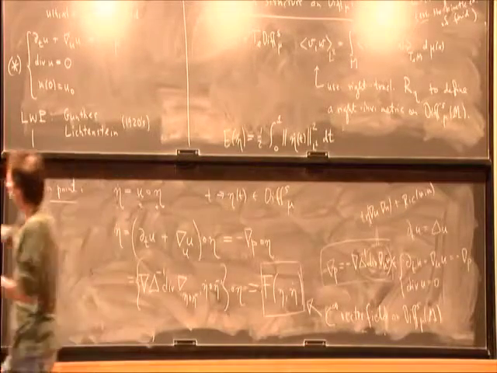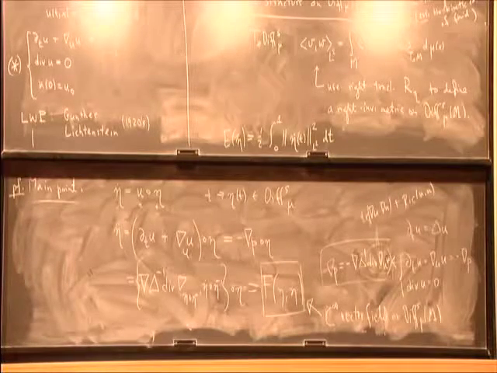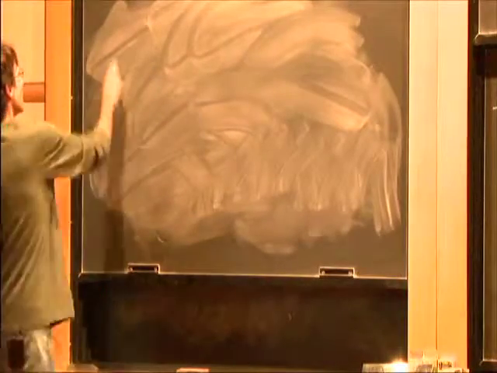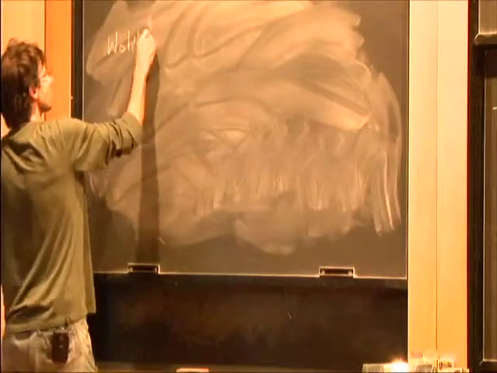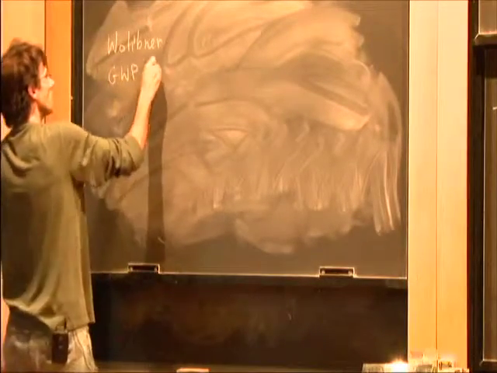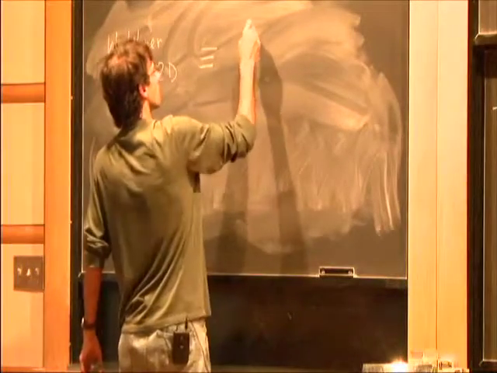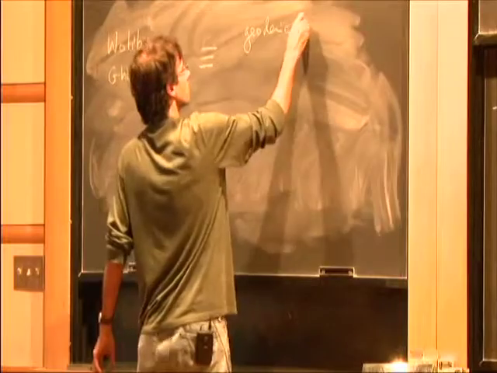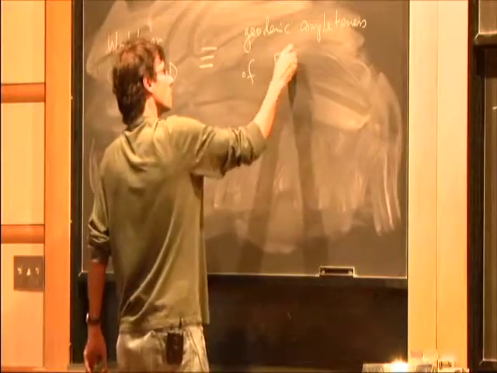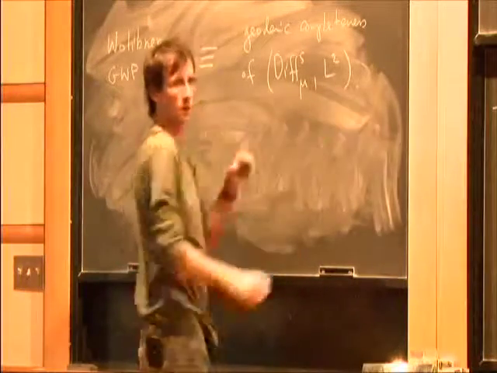So, Wolibner's result. What does Wolibner's result mean in this geometric language? If you recall, Wolibner's global well-posedness in 2D, in this geometric language, simply means geodesic completeness of the volumorphism group with the L2 metric.